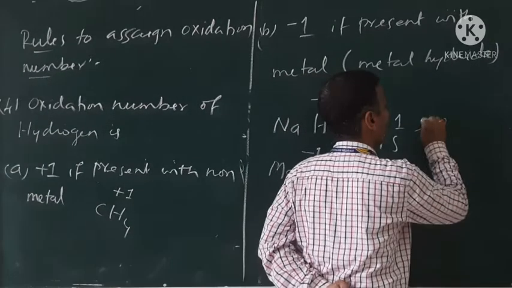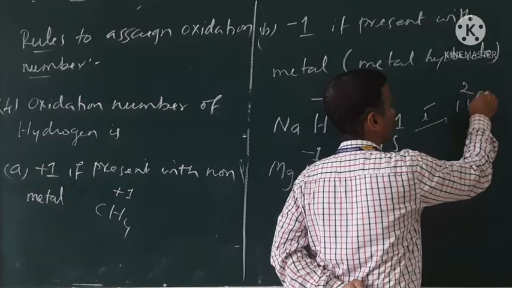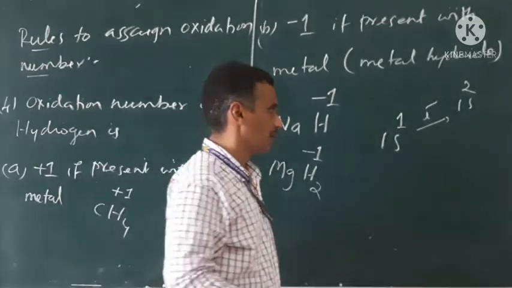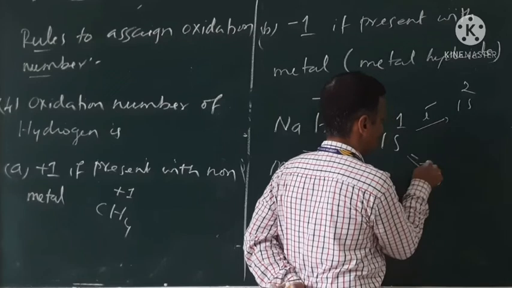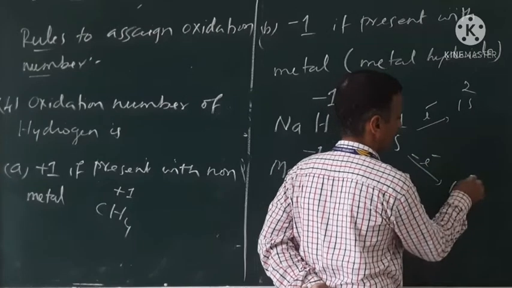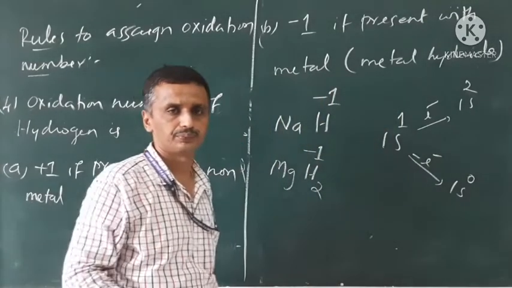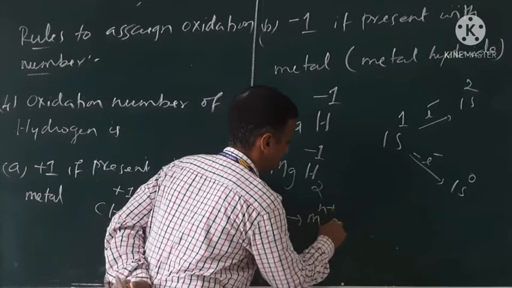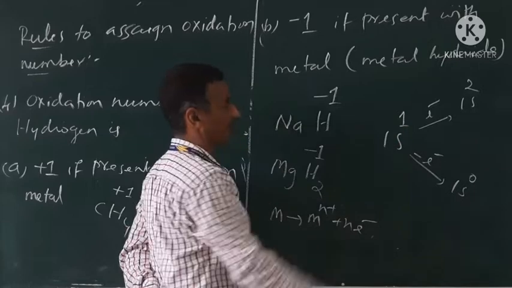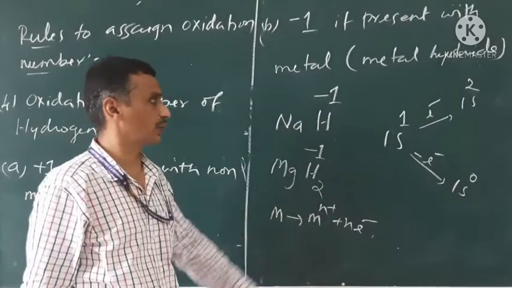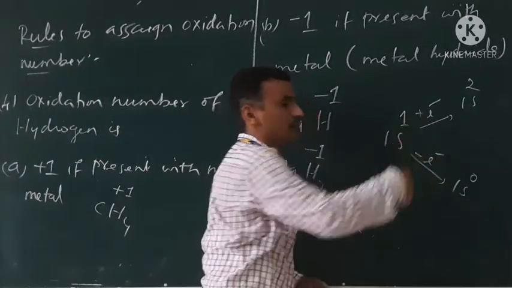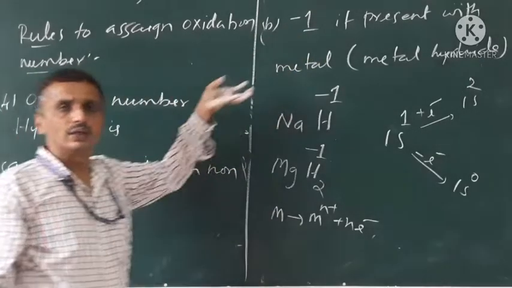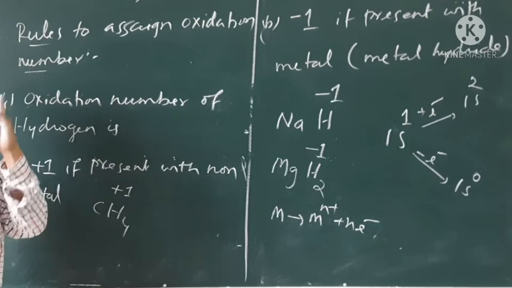By a gain of electron, 1s2 can be obtained. 1 electron is gained. Whereas if the 1 electron is lost, then it is 0. And the metal readily gives the electrons. So the given electron is taken by the hydrogen. So hydrogen becomes minus 1. They accept the electrons. So in the metal hydrides it is minus 1. In all other compounds hydrogen possesses plus 1.